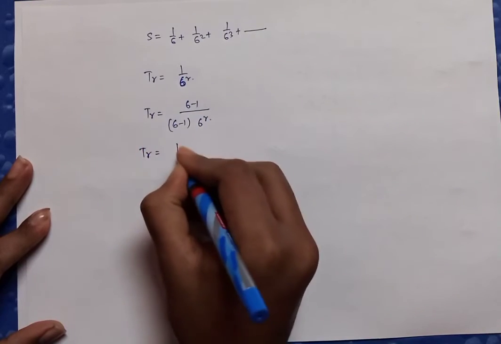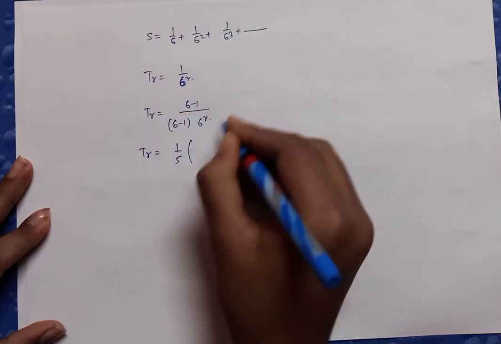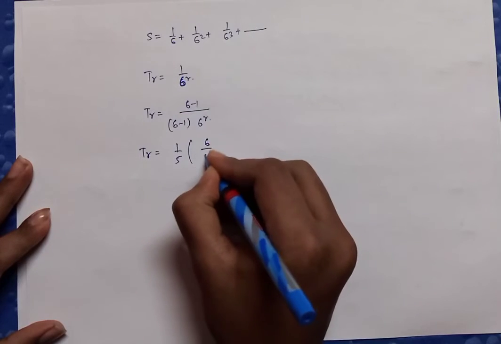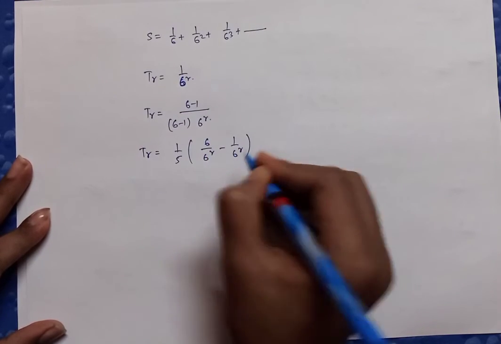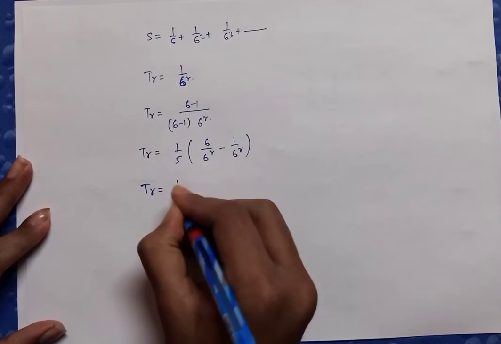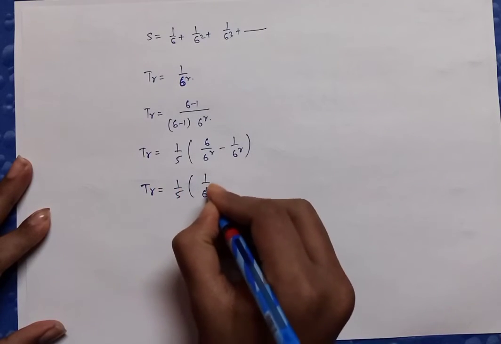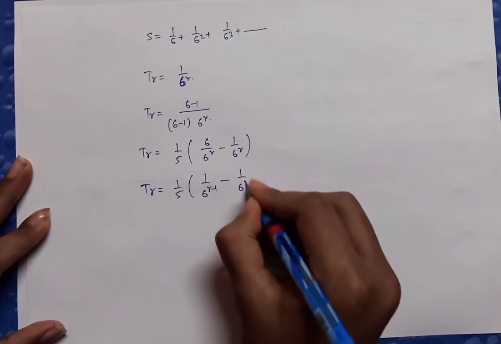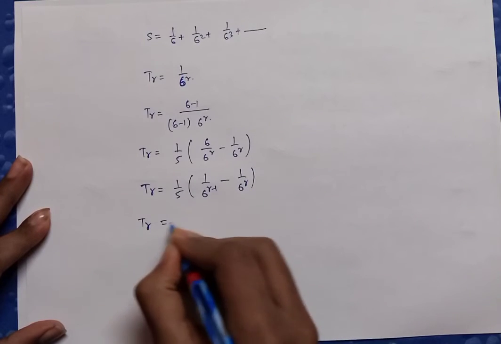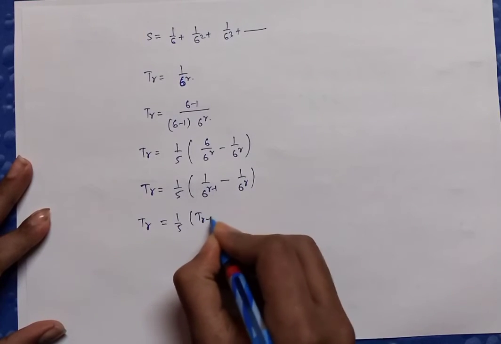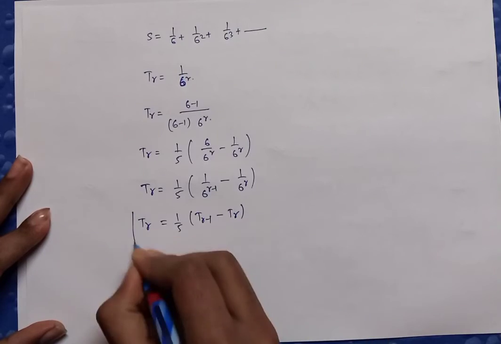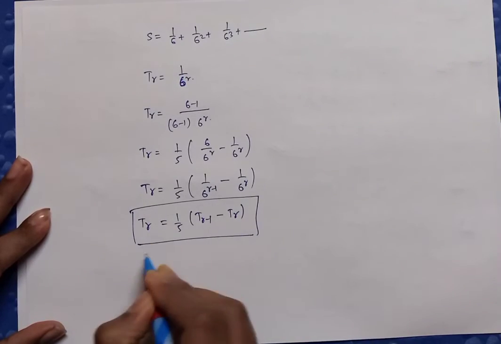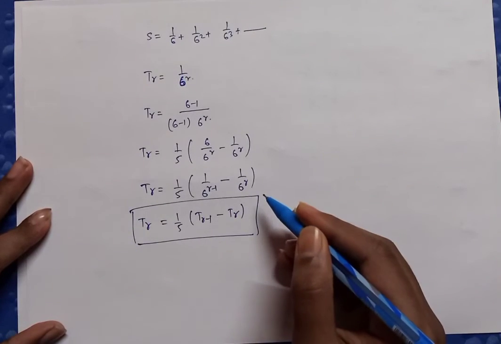Now T_r equals 1 by 5 times, splitting into partial fractions, 6 by 6 raised to the power r minus 1 by 6 raised to the power r. T_r equals 1 by 5 times 1 by 6 raised to the power r minus 1, minus 1 by 6 raised to the power r. Once again you got T_r equals 1 by 5 times T_(r-1) minus T_r. So again if you apply the summation here, then also you can get to the answer very easily.